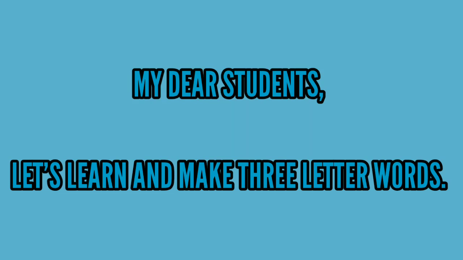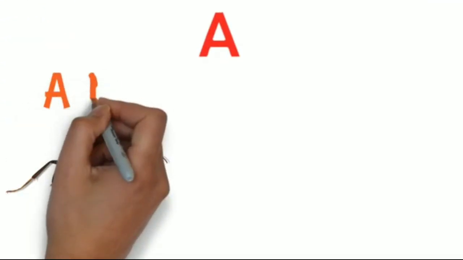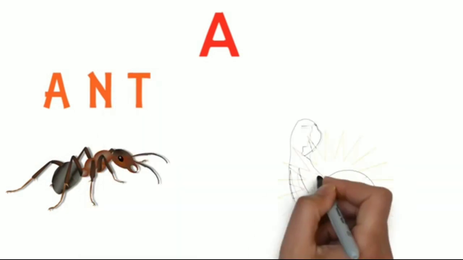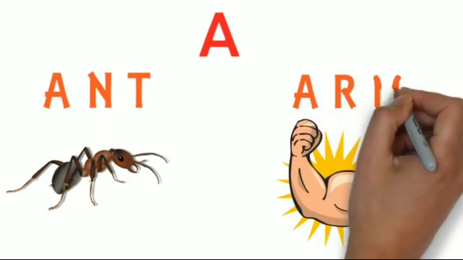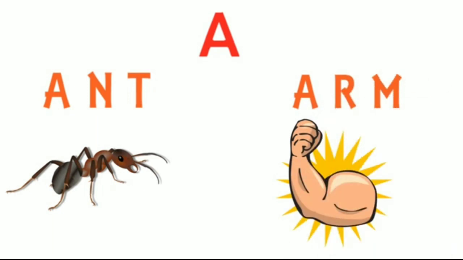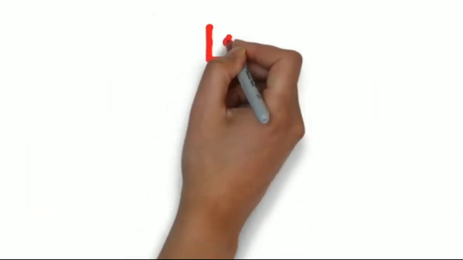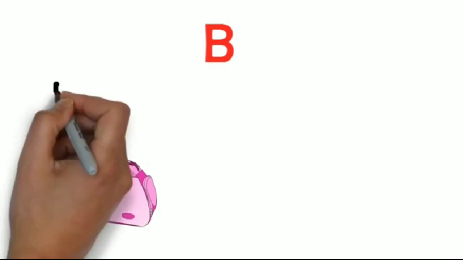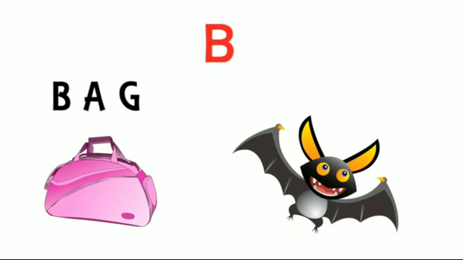My dear students, let's learn and make 3-letter words. A for ant. A for arm. B for bag. B for bat.